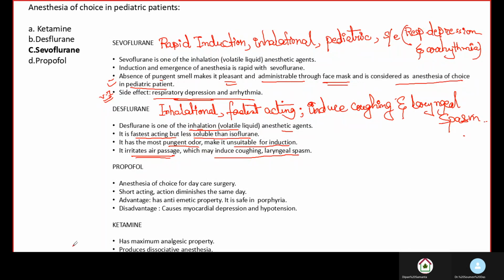Next is propofol. Anesthesia of choice for day care surgery, very important. Short acting, action diminishes the same day. Advantage: it has an antiemetic property.